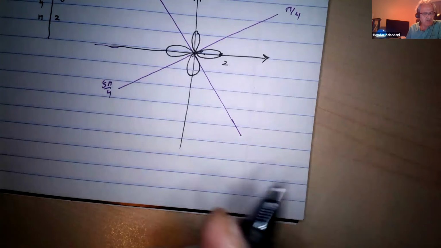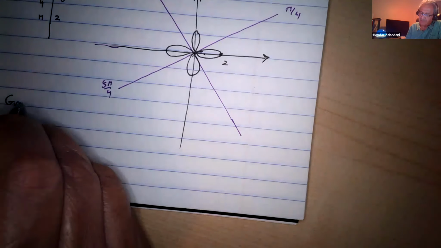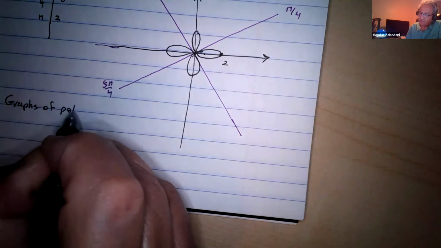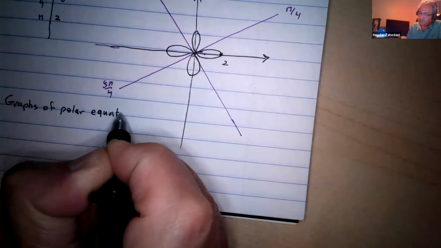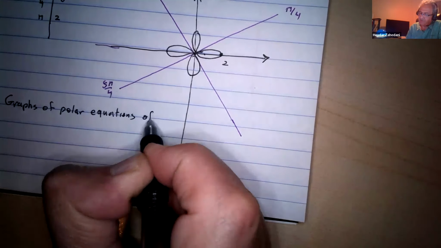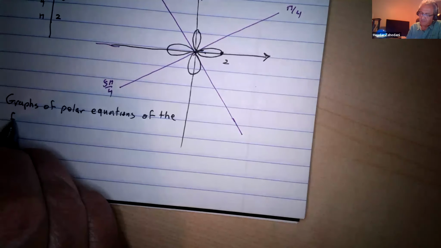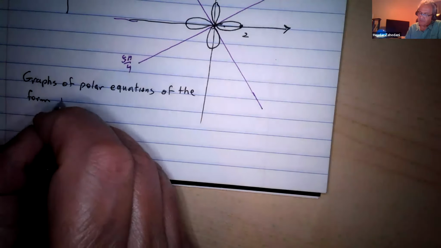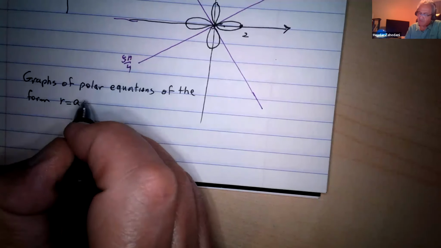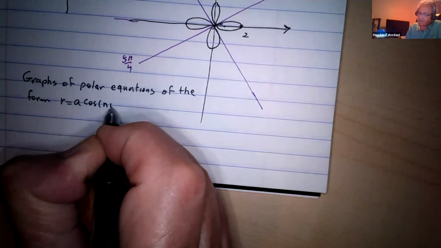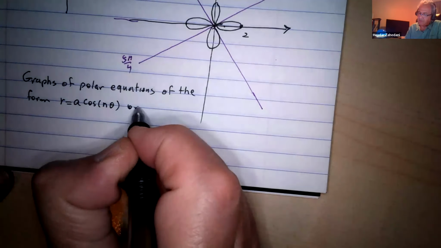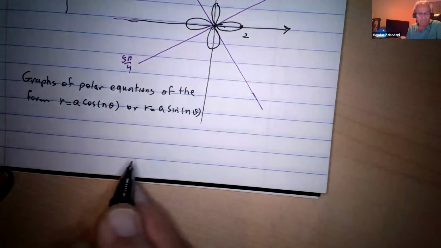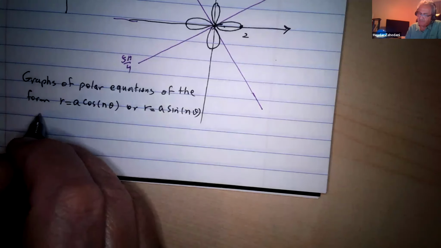The explanation is graphs of polar equations of the form r equal to a times cosine of n theta, or r equal to a sine of n theta.